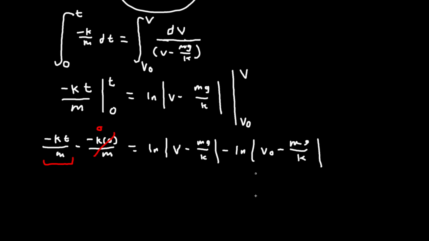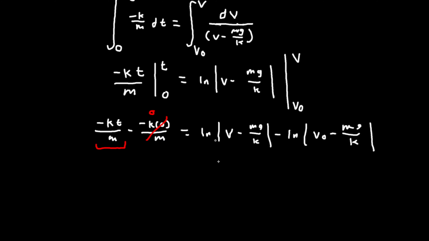Okay, so now what we have to do is apply a log rule. Whenever we have two logs, I'm not sure if it's actually ln's or just logs in general, but in this case, if we have two of these subtracting each other, they're equal to the ln of this stuff divided by this stuff.